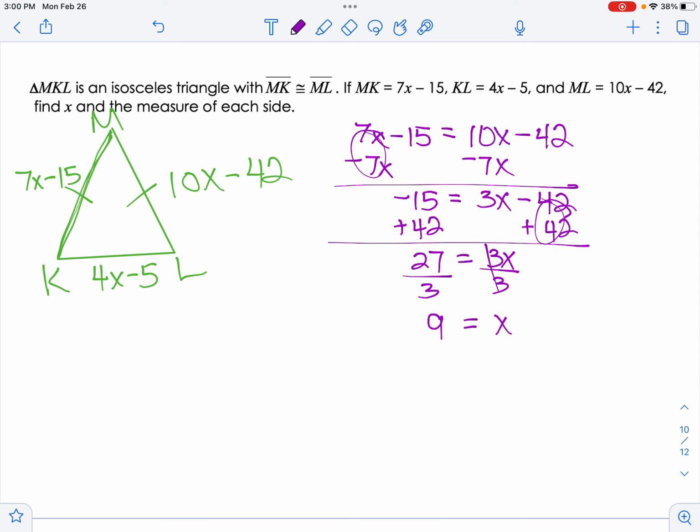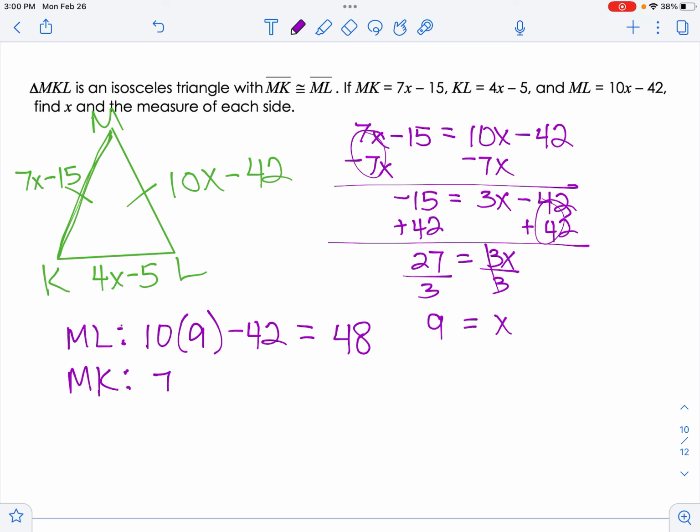So I know that MK, or you could do ML, which one? I'm going to start with ML actually. So ML is 10 times 9 minus 42. That's 90 minus 42, which is 48. Okay, now MK better be 48. So 7 times 9 is 63 minus 15, that is 48.